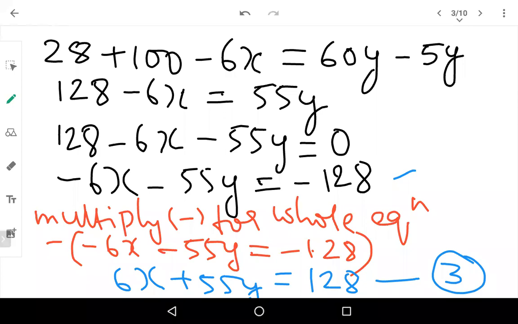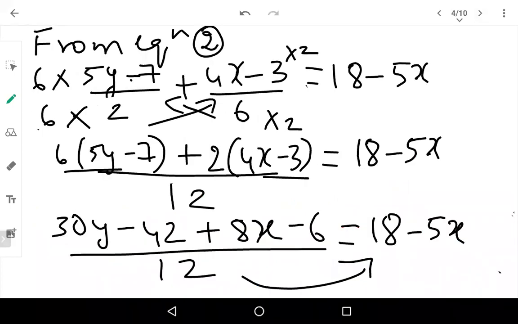Now moving on further, we took the second equation and then we found out the LCM. So LCM is nothing but 12. So we cross multiplied the numbers to make sure we get the proper simplification done. Now once we got the simplification, we took the 12 to the other side.